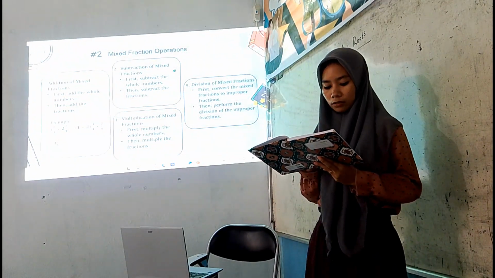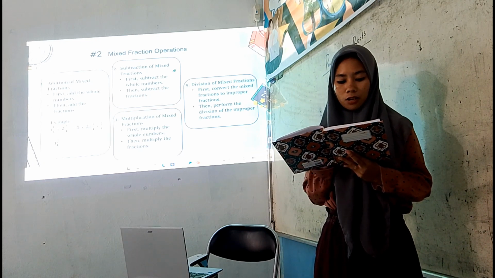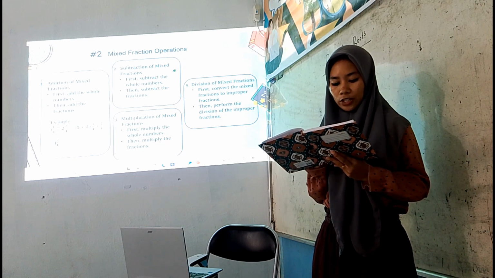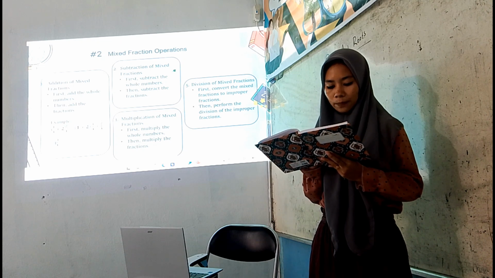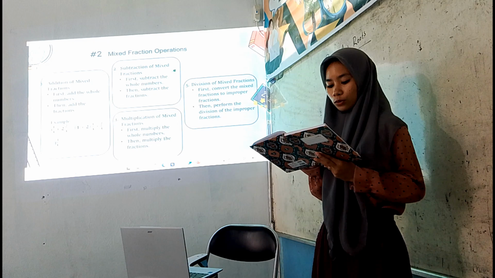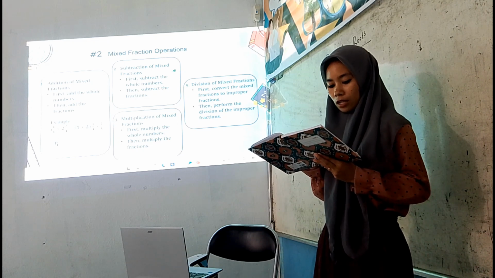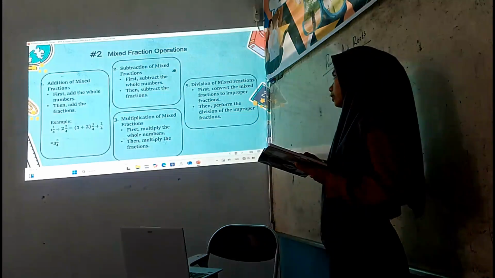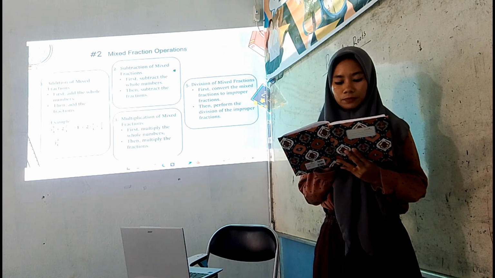Mixed fraction operation. Number 1, addition of mixed fraction. First, add the whole numbers, then add the fractions. Example, 1 and 1 over 4 plus 2 and 2 over 4 equals 1 plus 2, and 1 over 4 plus 2 over 4, equals 3 and 3 over 4. Next, subtraction of mixed fraction.